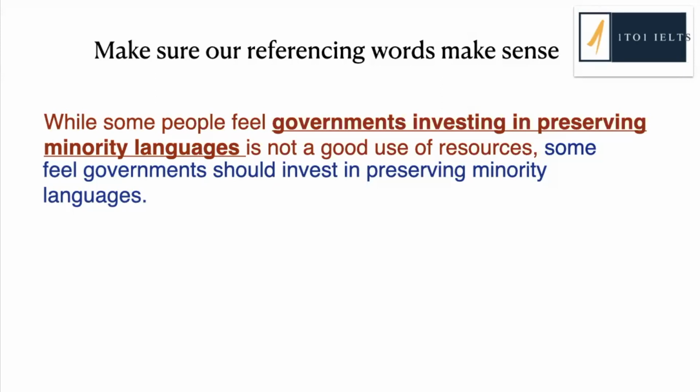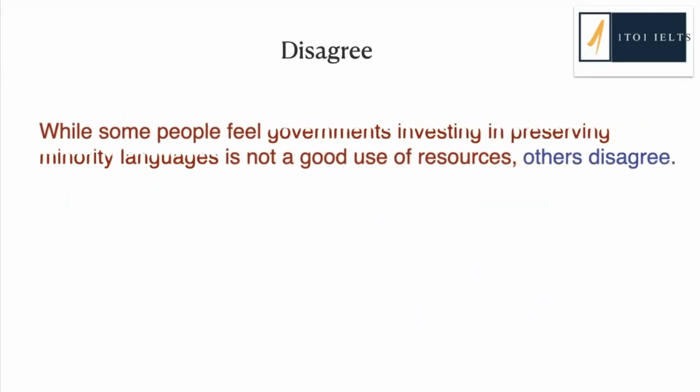The idea in one is just simply disagreeing with the idea in two. All we do is replace the second clause with the words "others disagree." And here you see, we actually have a really well paraphrased sentence, and we still haven't actually touched the synonyms yet.